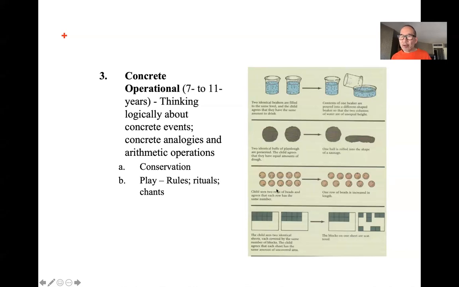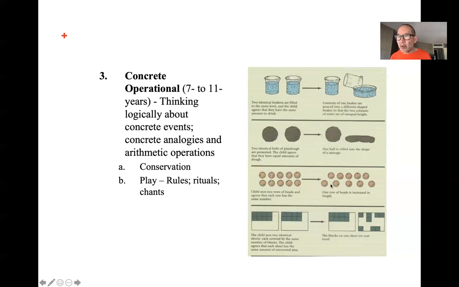Here's another example. Let's say there are 10 coins, two rows of five. And the first row looks exactly the same as the second. And like the water, you just spread out the coins, right? But a concrete operational child may see this as more coins, or more stuff. Why?